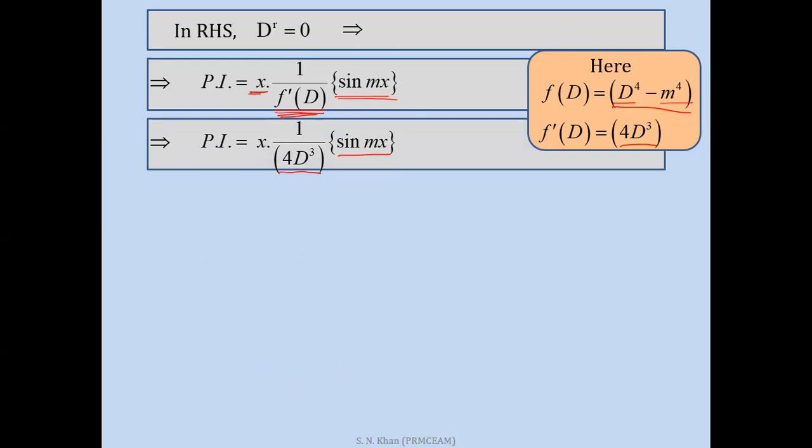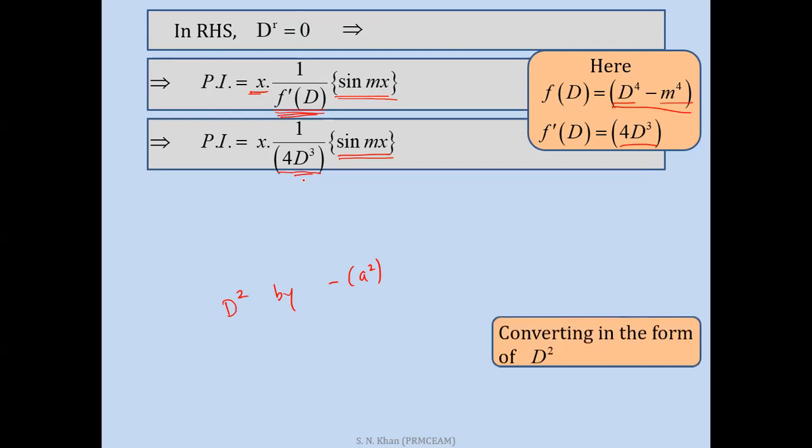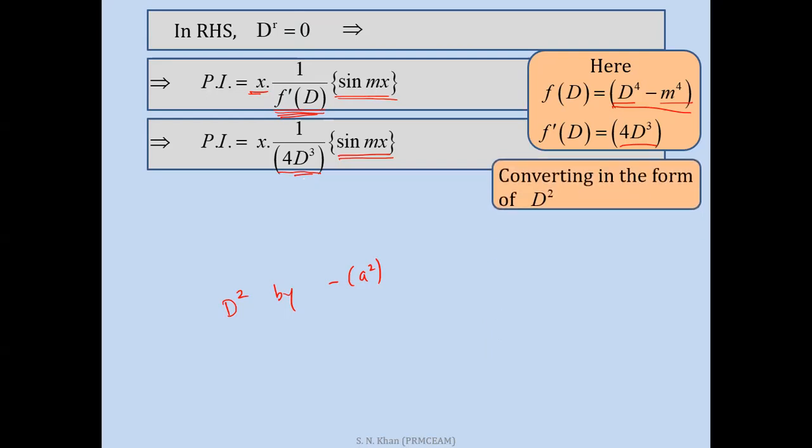Now 1 upon 4d cube operating on sin mx. Until d is removed, we have to continuously solve. Again, the function is sin mx, which means we apply case number 2. To apply case number 2, we have to replace d square by minus of a square. So again we have to convert this d cube into the format of d square.